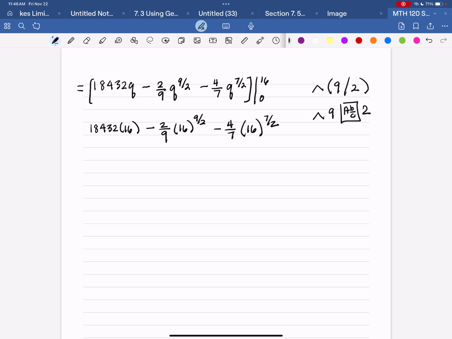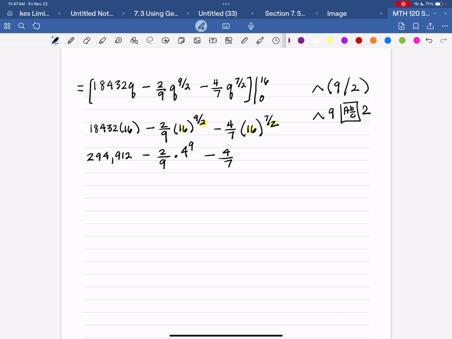You could also go ahead and apply these square roots to these 16s, and that's what I'm going to do. And this will help you decide if you're doing it wrong in the calculator or not. So 18,432 times 16 is 294,912 minus 2/9. I'm going to take the square root of 16, so that's 4 to the 9th, minus 4/7.